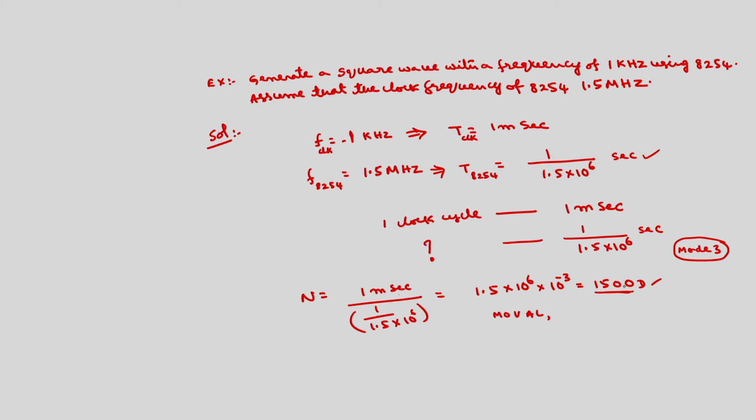So, if I form this control word register, the last bit is 1 for BCD counting, the next 3 bits are for mode selection. So, mode 3 means 0 1 1, the next 2 are RL1 RL0, because you have to load a 16 bit BCD number.